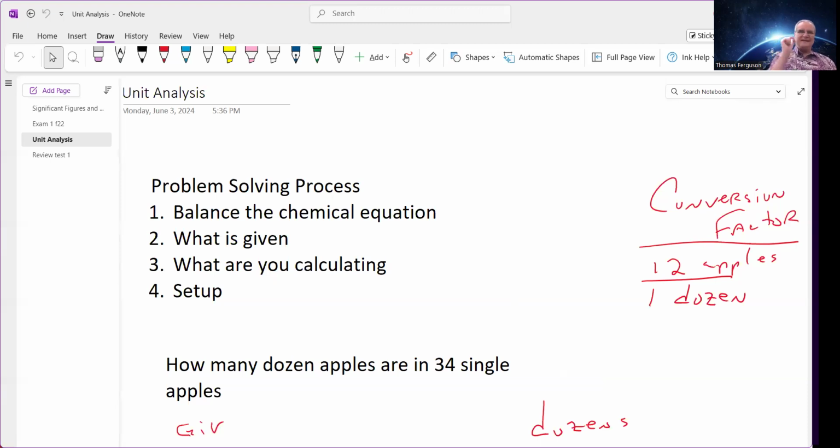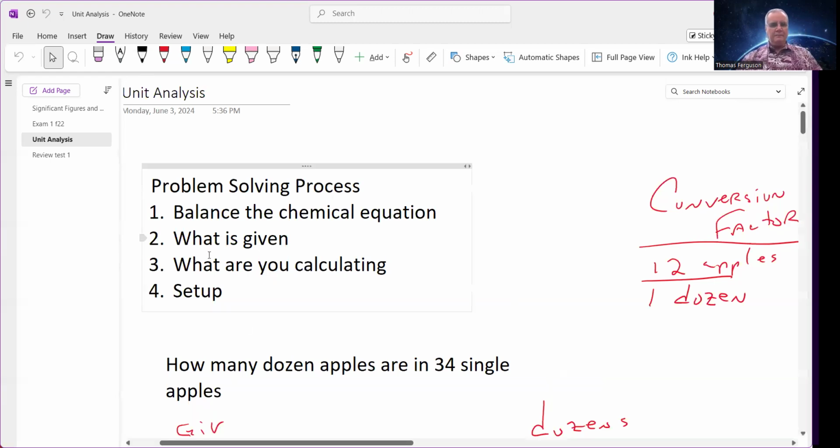Step 2 is what is given. And I'll show you tons of examples here. In fact, we're going to start with this one right down here. The third step is what are you trying to calculate? Now, these are numbers and units, not just numbers. Given is always a number plus a unit.